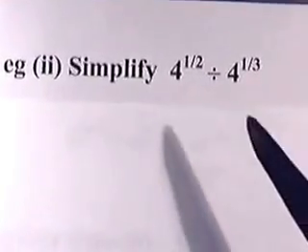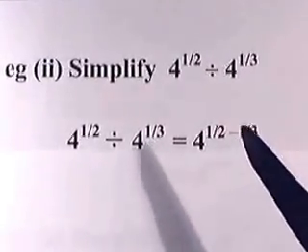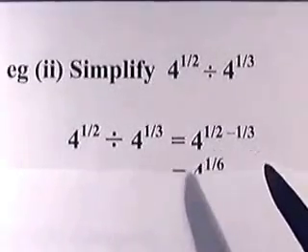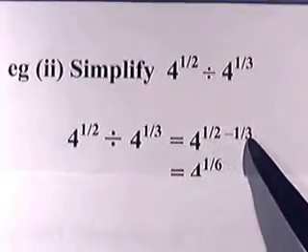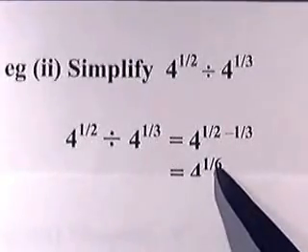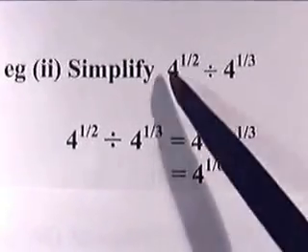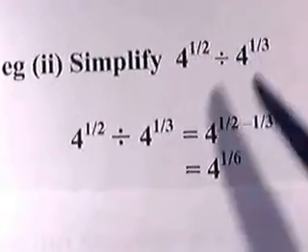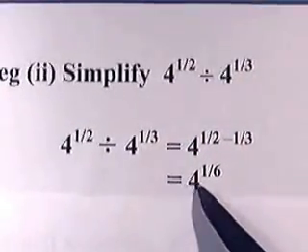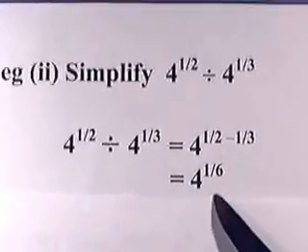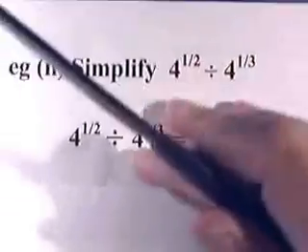Now, you are being asked to subtract the powers here, and a half minus a third, you should know by now how to do that. That is 1/6. So 4 to the power of half divided by 4 to the power of a third will simplify to 4 to the power of 1/6. Finish. End of story.